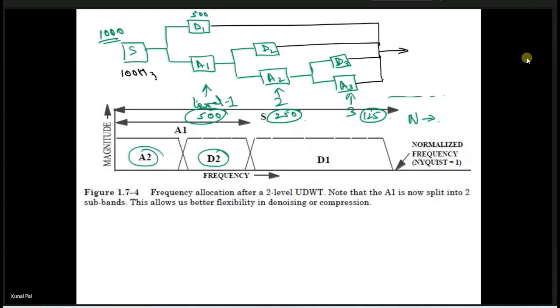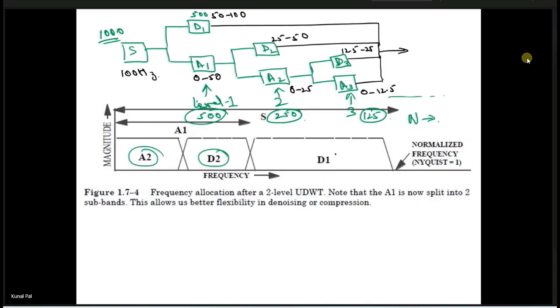So this is 0 to 50. This is 50 to 100. Then here 0 to 25, here 25 to 50. Then herein you will have 0 to 12.5, and herein 12.5 to 25. We have fractioned the frequency components.